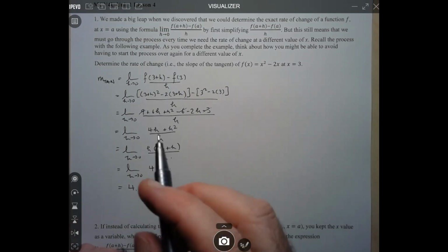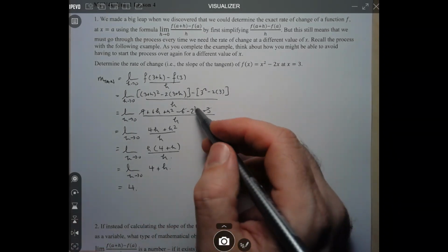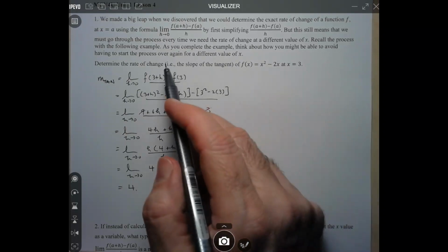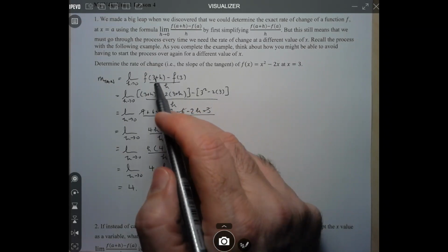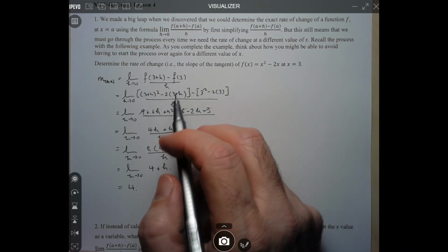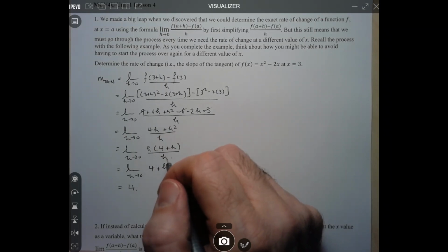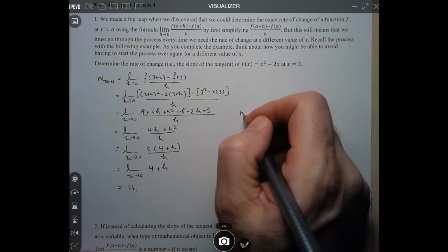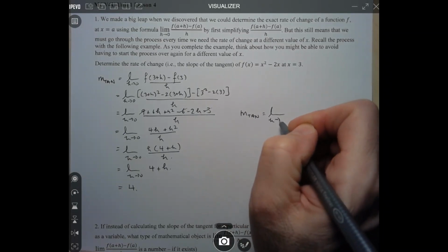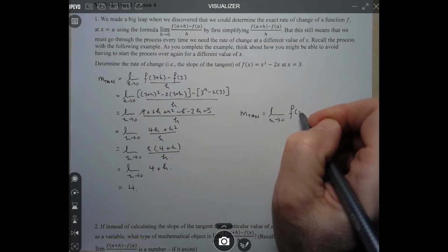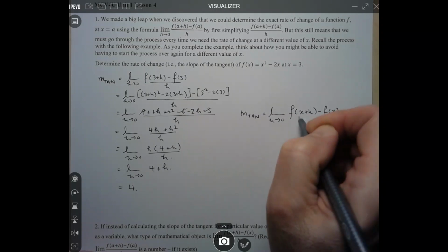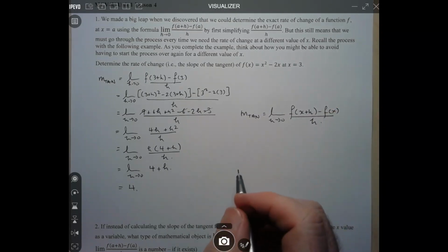Again, all these steps would have been the exact same whether I had x equal to 3 at the specific value or equal to any other value. This is what gives us the idea to say, well, when we're finding the slope of the tangent, can we just leave that x value as a variable and see if we can solve?